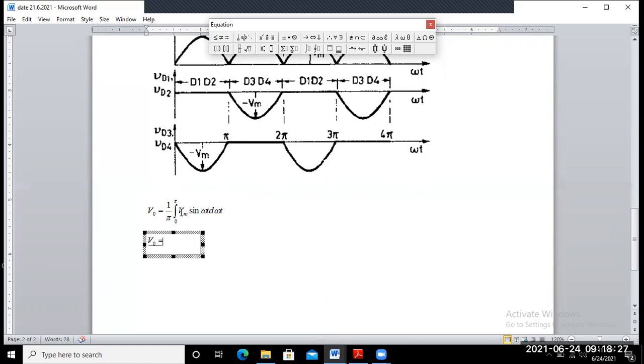V0 equal to, we can take Vm outside, that means Vm by pi. This constant term can be taken outside. So this one is Vm by pi.